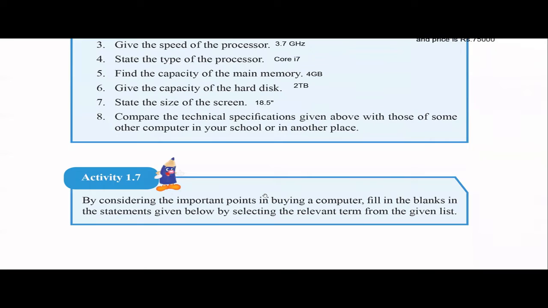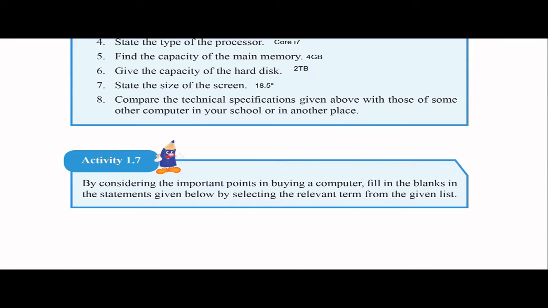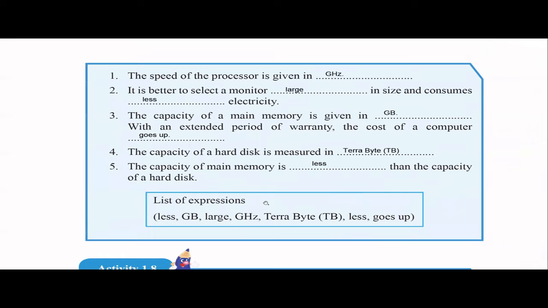Next one. By considering the important points in buying a computer, fill in the blanks in the statements given below by selecting the relevant term from the given list. Here is the list of expressions: less, GB, large, gigahertz, terabyte, goes up. The speed of the processor is given in gigahertz. You know it.